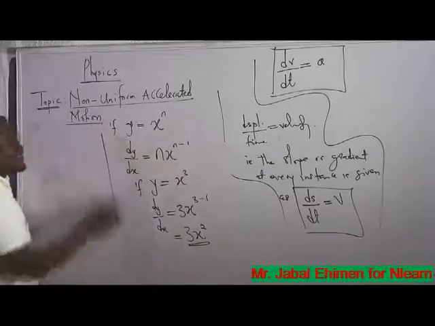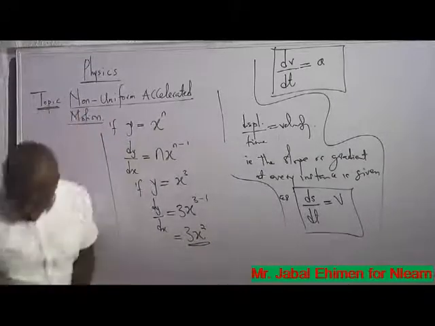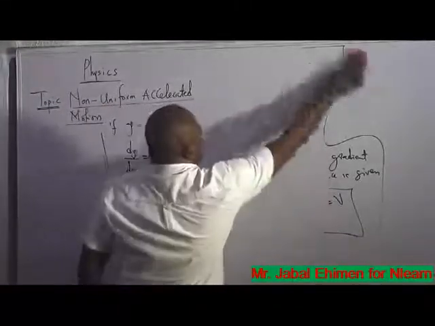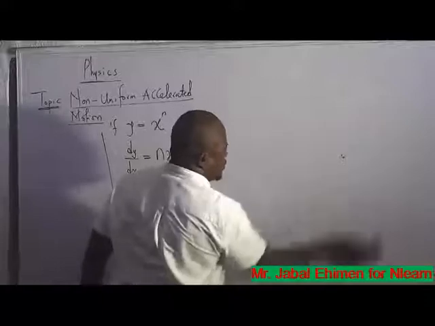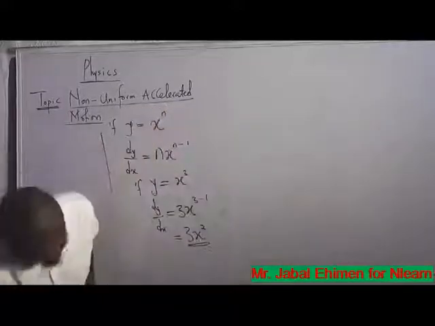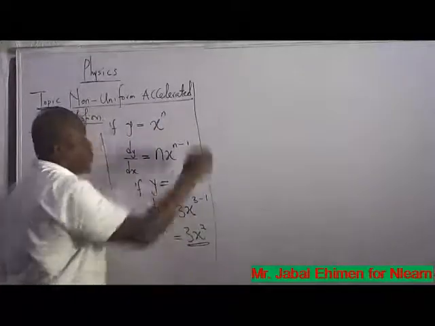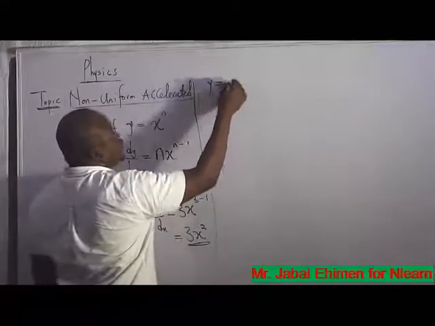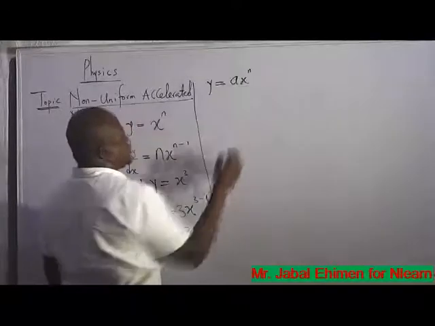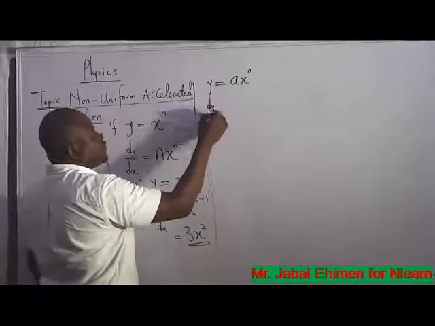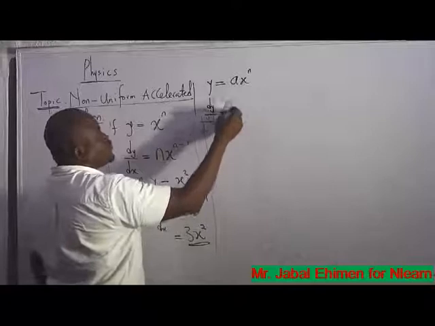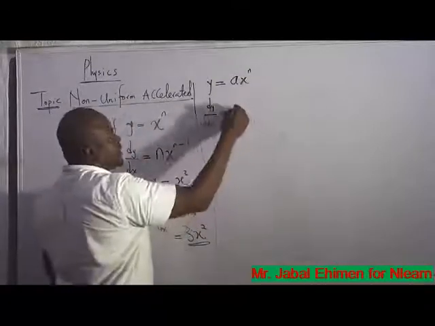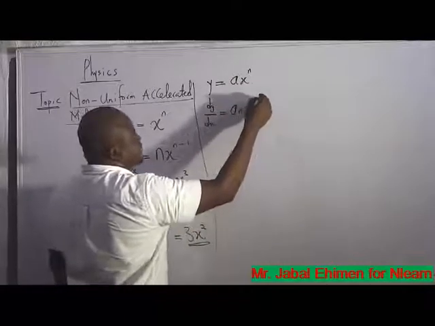Now, it's still the same thing. When I say y is equal to a x^n, my dy over dx will also be a times n times whatever is in the back. That will be a n x^(n-1).